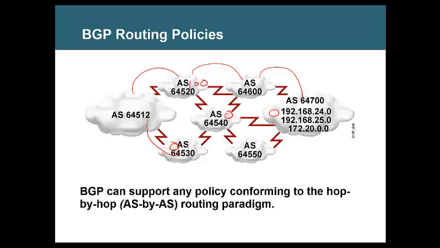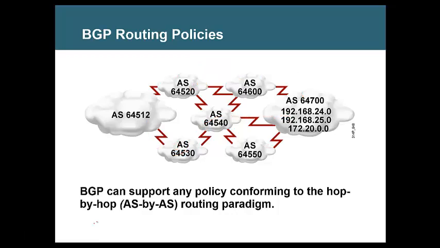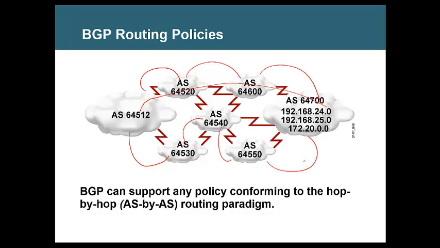But it won't take this path. Why? The number of routers is not focused. It focuses only on the AS number. If I go this way, it is 1, 2, 3 hops. If I go this way, it is 1, 2, 3, and 4.